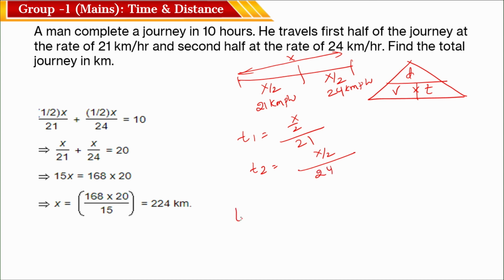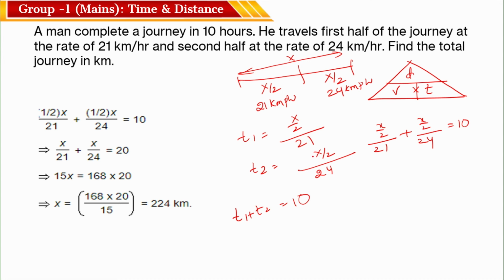And as you know, t1 plus t2 is given as 10. Now we use the same: x by 2 by 21 plus x by 2 by 24 equal to 10.